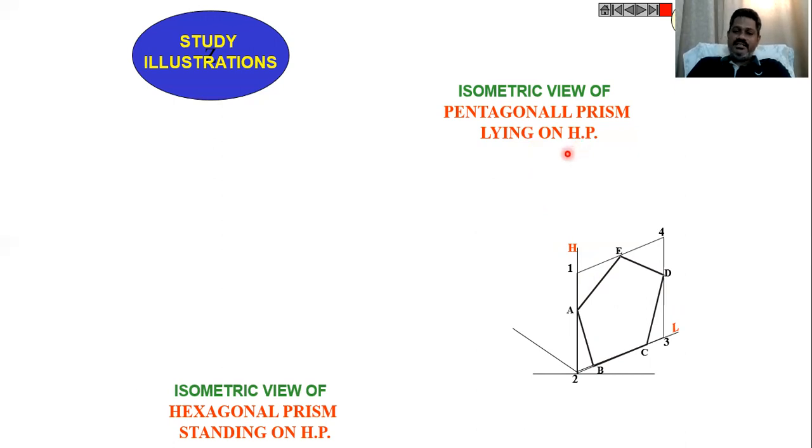So in that case, to draw the isometric view in such a way that one of the faces is lying on HP, we need to construct a pentagon in front view first, as we have seen the construction of the pentagon in front view in our previous slide.